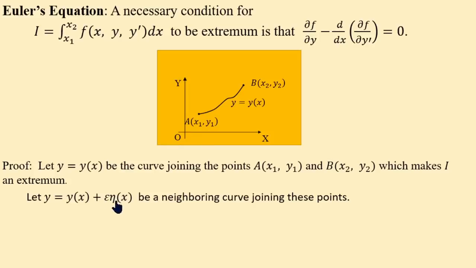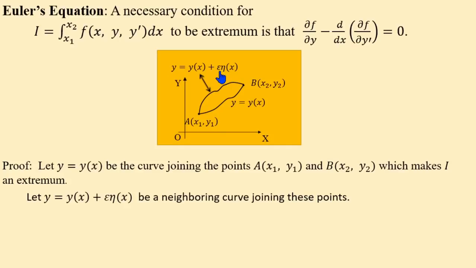Therefore eta x1 is 0 and eta x2 is 0, because the point of intersection of this curve and y equal to y of x is the same at A and at B. That means this part is 0.